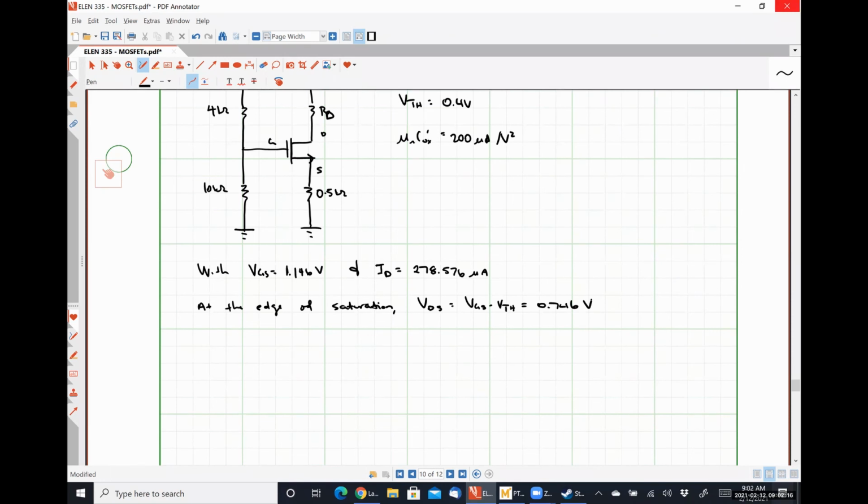We also know that VDS is equal to VDD minus ID RD minus ID RS.